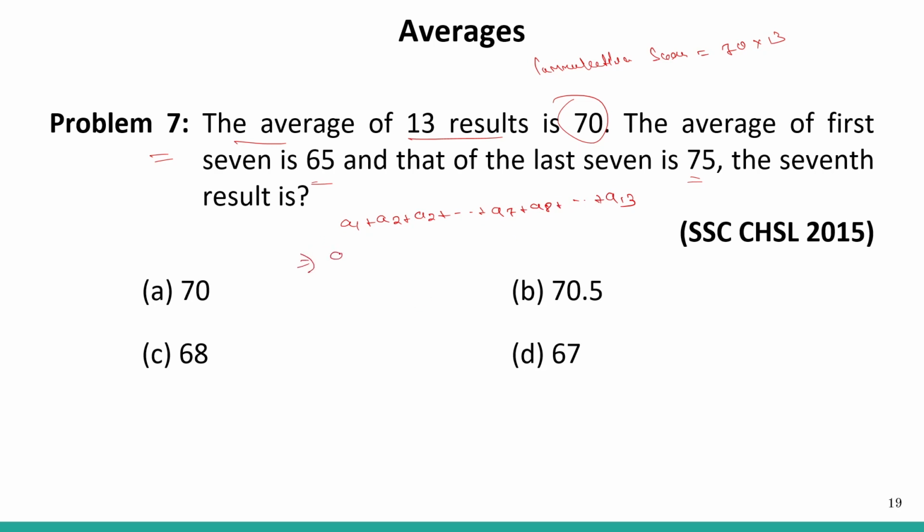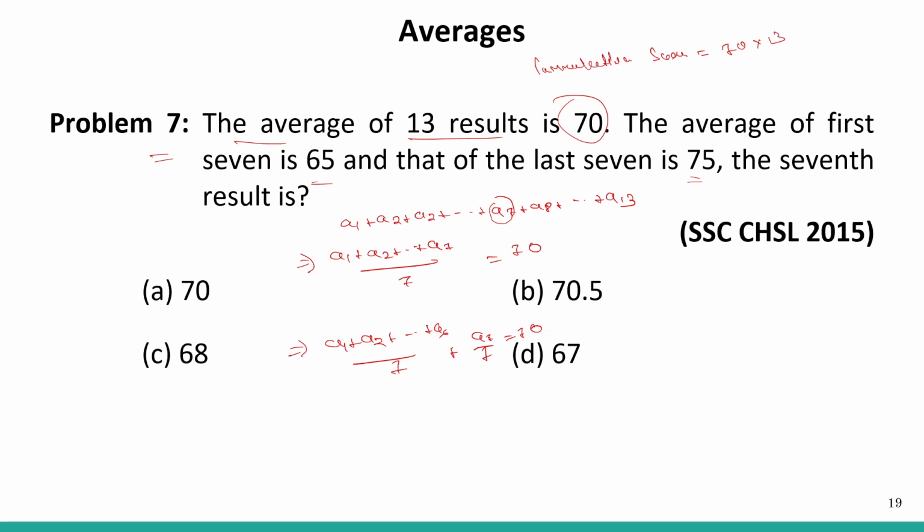So given that A1 plus A2 plus dot dot dot plus A7 whole by 7 is equal to, given to us, 70. So let the 7th term be A7, right? So this implies that A1 plus A2 plus dot dot dot plus A6 by 7 plus A7 by 7 is equal to 70.